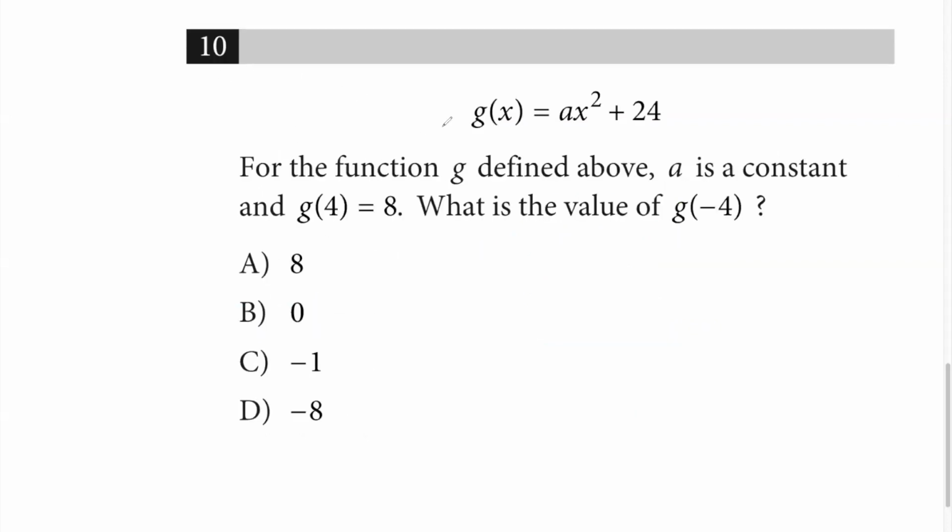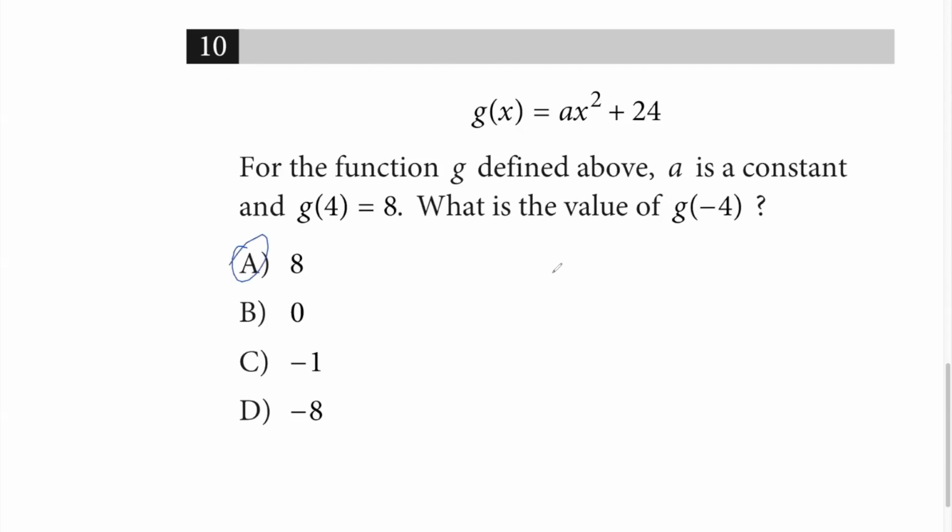So the 10th one. Here we have the function g(x) is ax squared plus 24. As you see, we have x squared right here. It means it doesn't matter if you substitute 4 or minus 4, 5 or minus 5, you will always get the same answer. Like they mentioned, if it is 4, we have 8. If it is minus 4, you will get the same answer, 8.